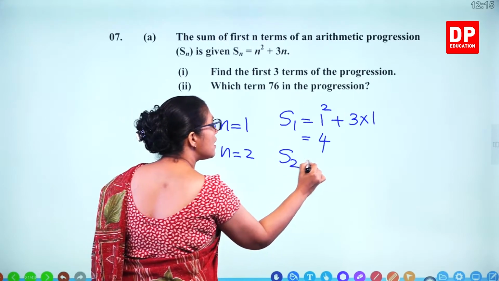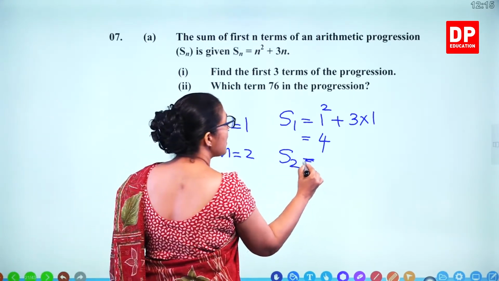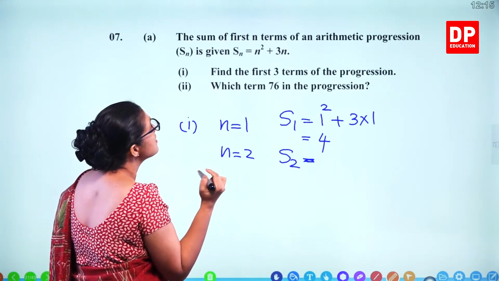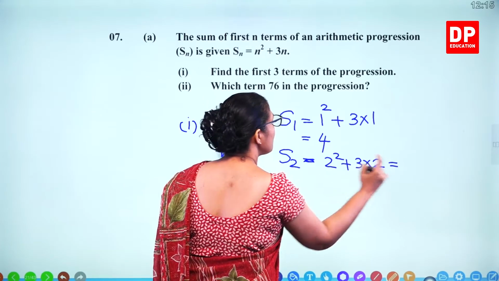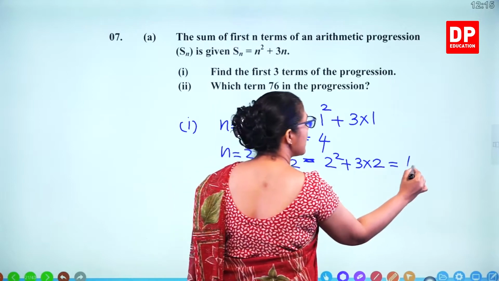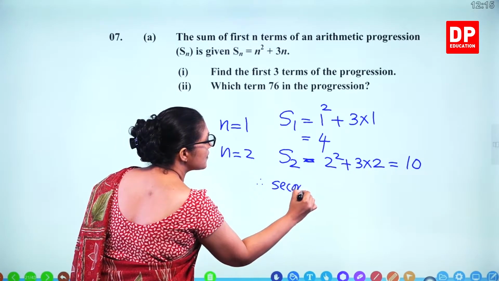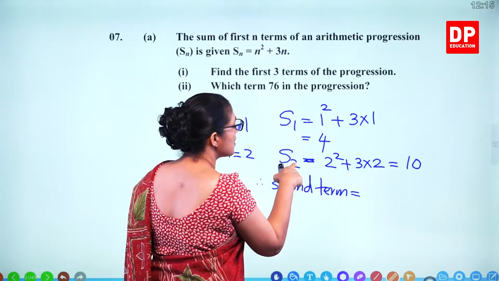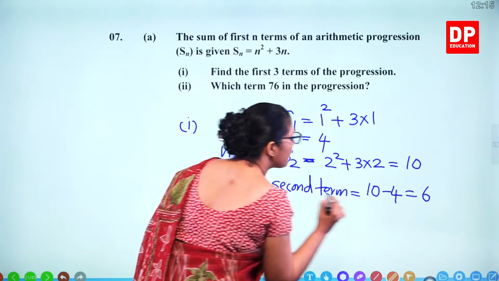Sum of 2 terms, that means the first one and the second one. If we subtract the first one, we get the second term. So 2 squared plus 3 times 2, 4 plus 6, 10. So what is the second term? The second term becomes the difference between the sums. So 10 minus 4, you get 6.